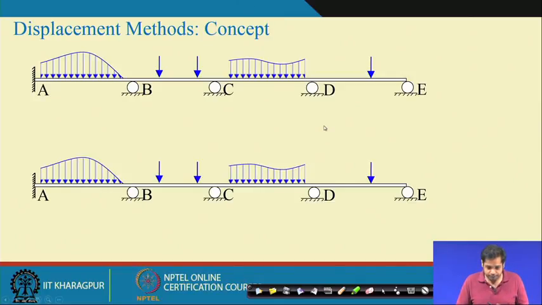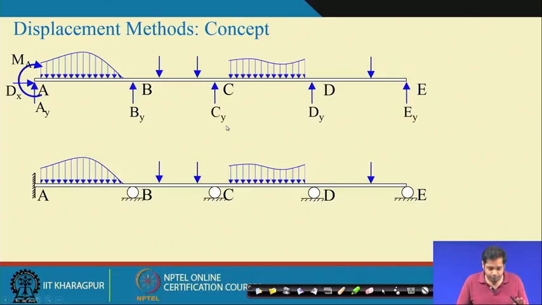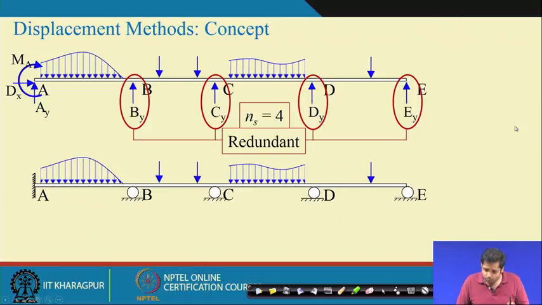In the force method, if we replace all the supports by their equivalent forces, these are the equivalent forces. The static indeterminacy of the structure is 4. Suppose these are the redundant forces.